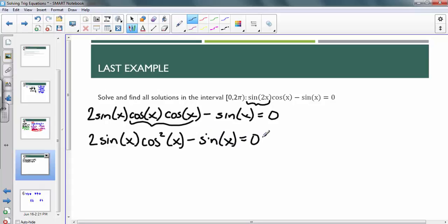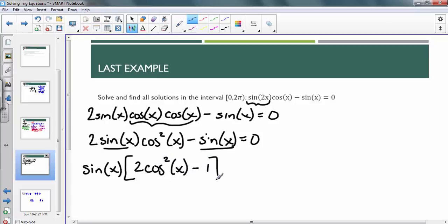All right, now I can pull out a common factor of sine and get sine of x times 2 cosine squared of x minus 1 equals 0. Again, now I need to set each one of these equal to 0.